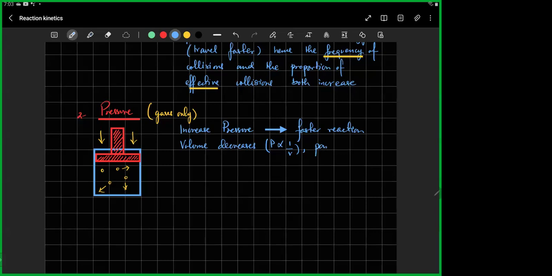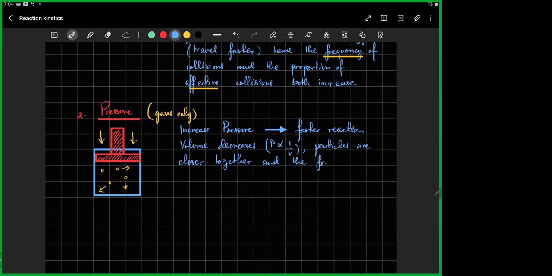So particles are now closer to each other. And if they're closer together, they're going to bump into each other a lot more frequently. If the space around it decreases, you compress it, the particles would bump into each other a lot more. So the frequency of collisions would increase.